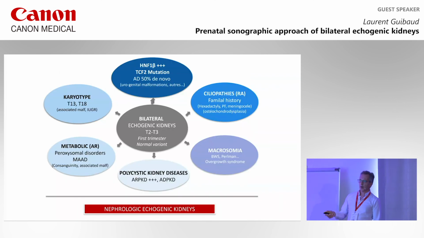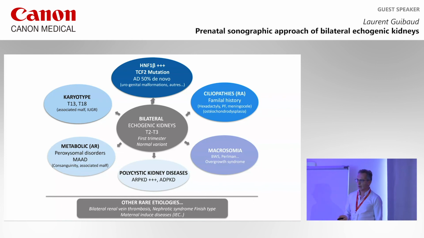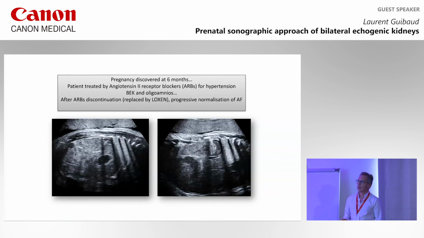So it's almost complete because you see all these etiologies. You may also have rare etiologies like nephrotic syndrome Finnish type or bilateral renal vein thrombosis or maternal-induced diseases. This is a case of a pregnancy discovered at 6 months, and the mother had hypertension.